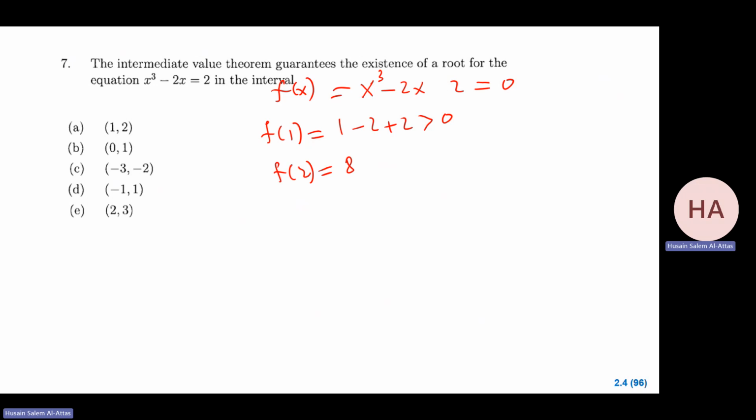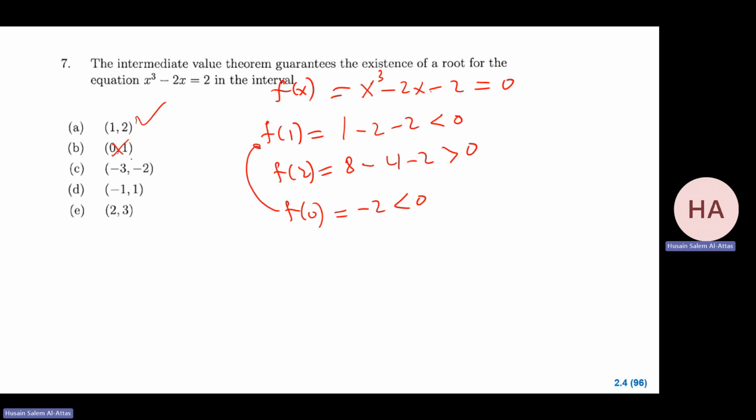This is minus 2. Yeah. So this is 1 minus 2 minus 2, negative. F of 2, it will be 8 minus 4 minus 2. This is positive, so this is okay. Be careful with calculation. F of 0 minus 2, negative. This with this give me nothing.